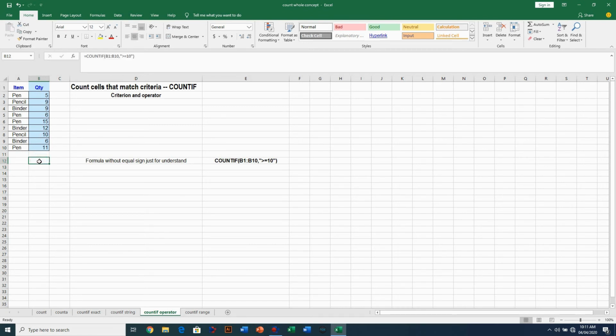So it counts, the answer is 4. It counts the numbers greater than or equal to 10. So we have 4 numbers: 11, 10, 12, 15.